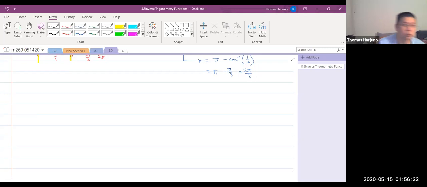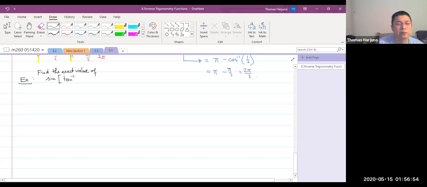But the one I want to go over is this type, because I ask this type of question a lot. For example, suppose I have sine, find the exact value of sine of tangent inverse of, let's say, 2.